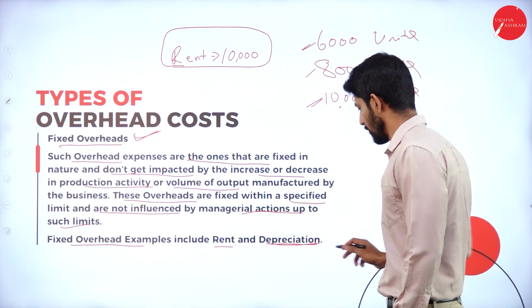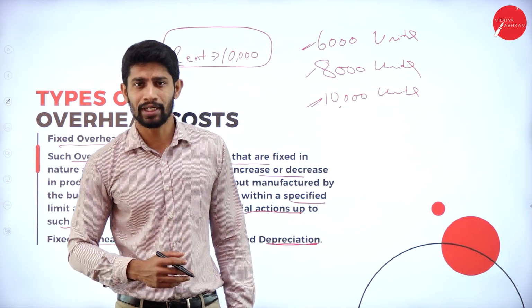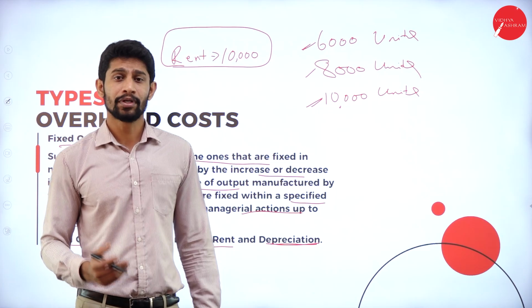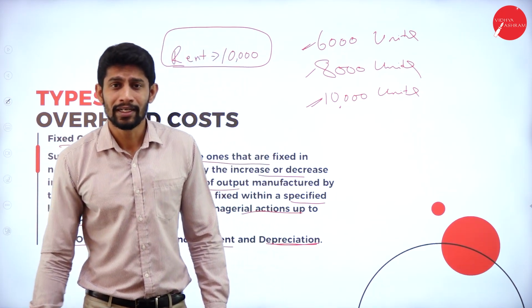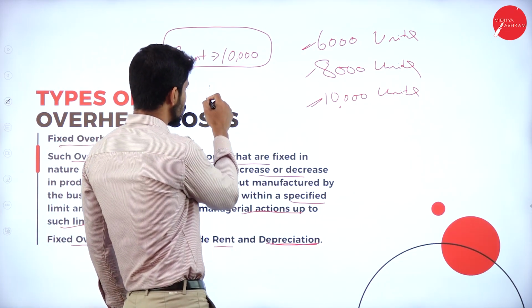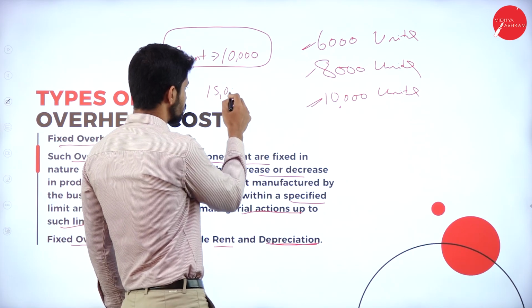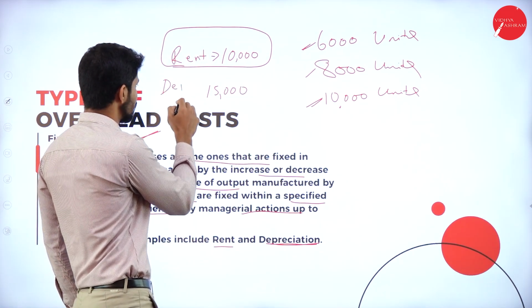Next one, depreciation. Okay, depreciation on furniture, depreciation on plant and machinery, depreciation on computers, depreciation on motor vehicles. For example, depreciation on machinery. Say on machinery you are giving depreciation of 15,000.